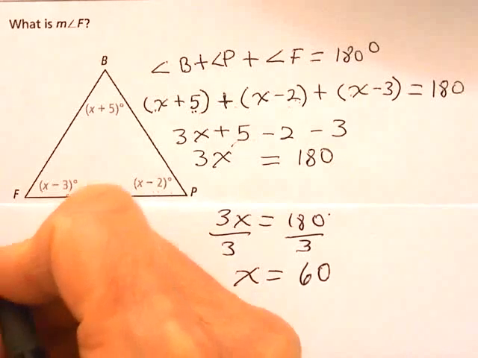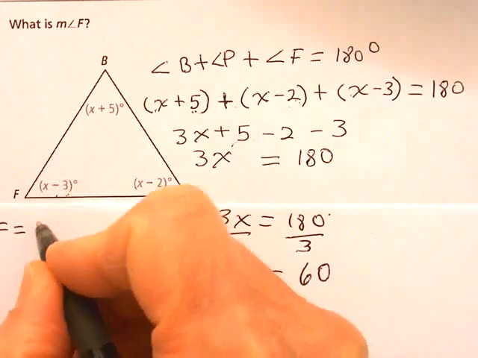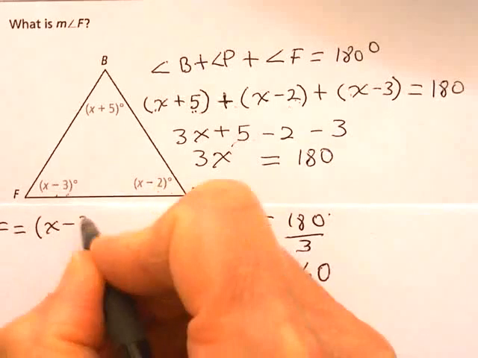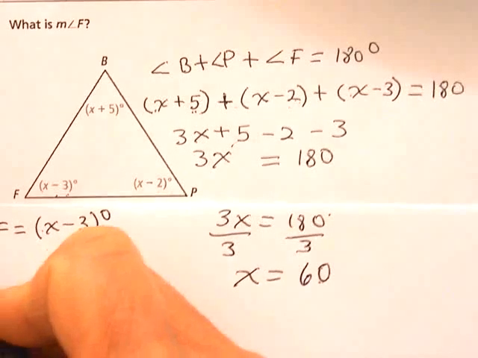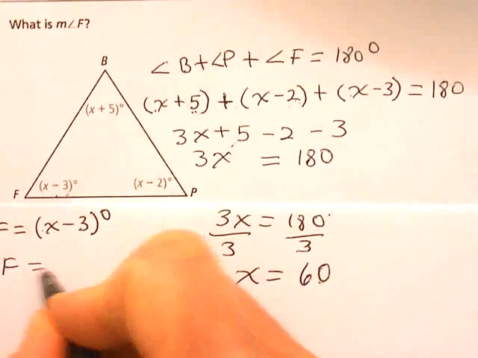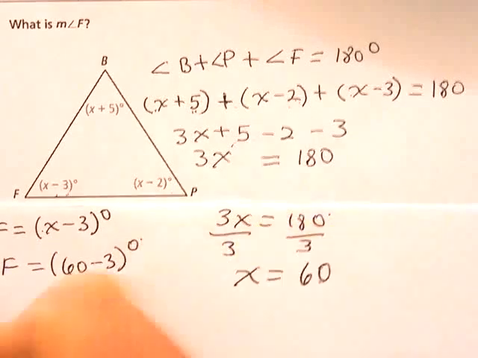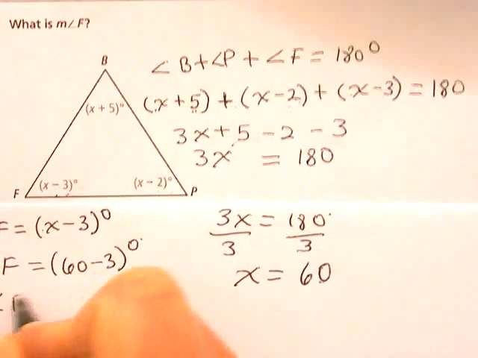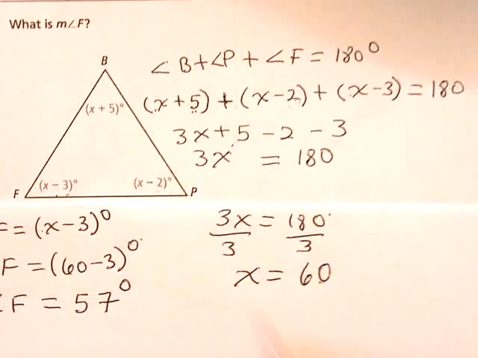The measure of angle F equaled, right here, x minus 3 degrees. So now I have to substitute in 60 for this x, and the measure of angle F is going to equal 60 minus 3 degrees, and the measure of angle F, of course, equals 57 degrees.